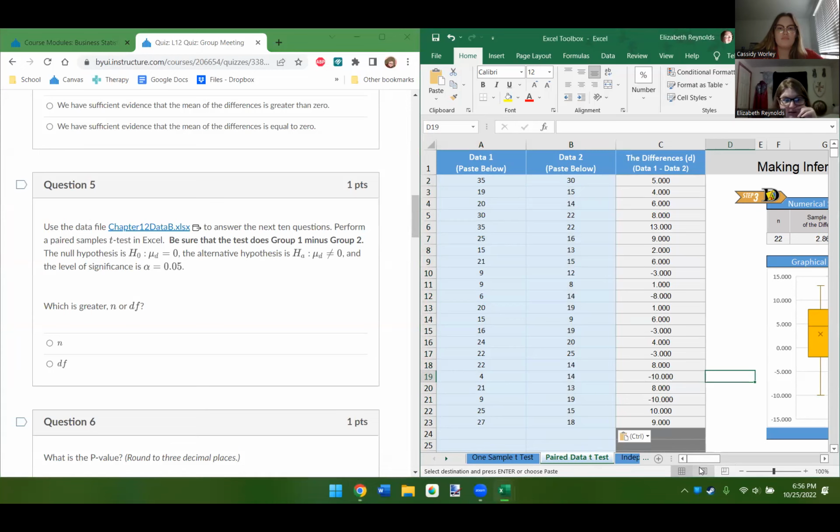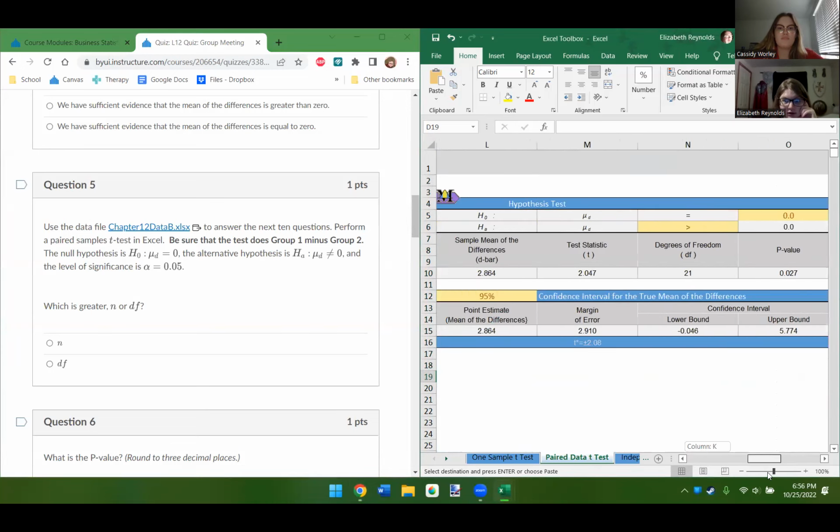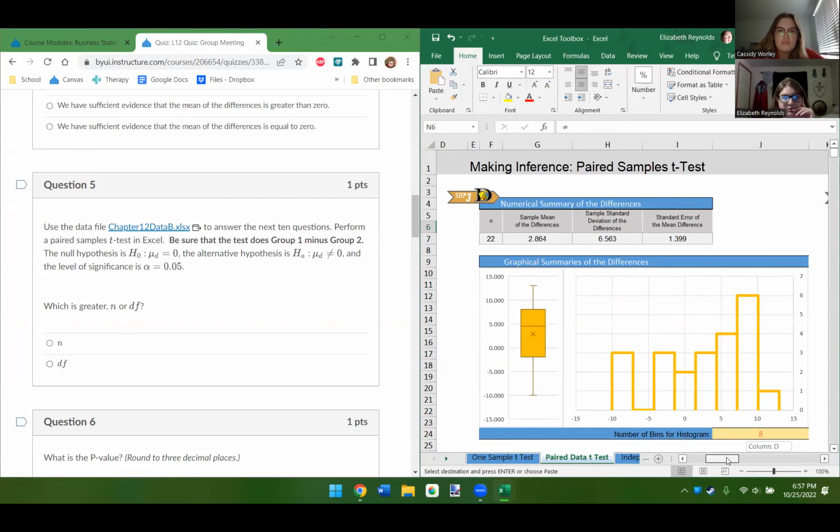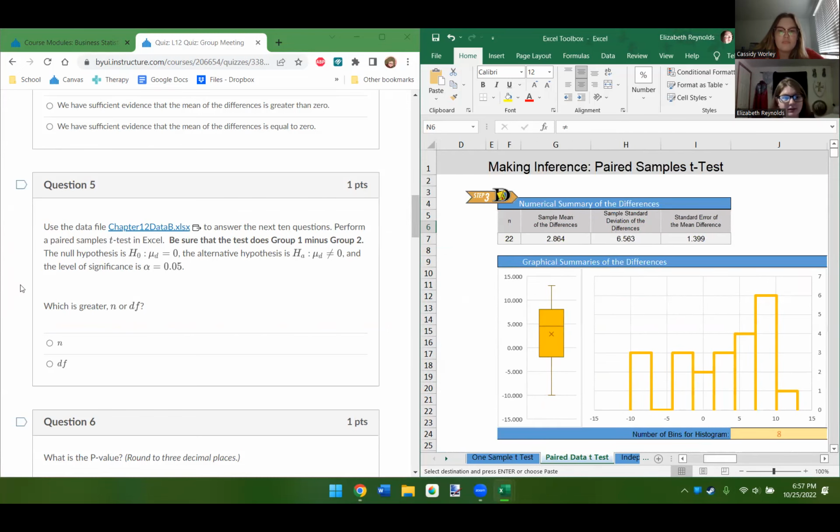This time, our alternative hypothesis is not equal to, and the level of significance is 0.05. Oh, here's an interesting question. Which is greater, N or DF? So DF is 21, N is 22, N is greater.